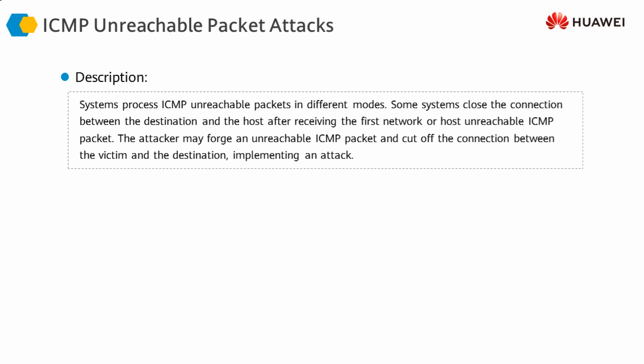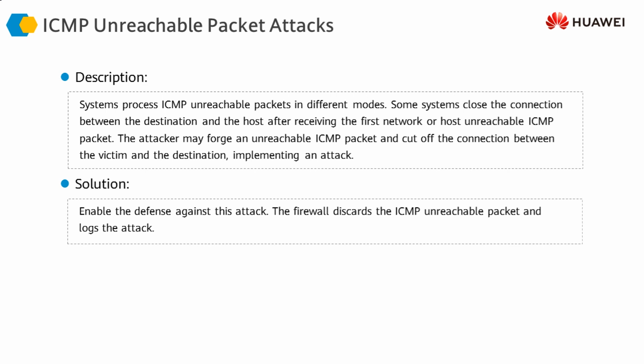So if an attacker is successful in sending an ICMP unreachable message to any server or host, the host is going to terminate or close down its session. So the attacker can use ICMP unreachable packets to tear down genuine connections between two hosts.